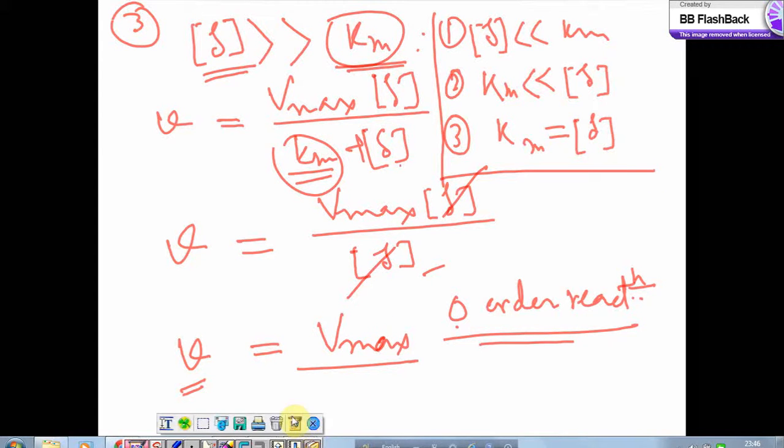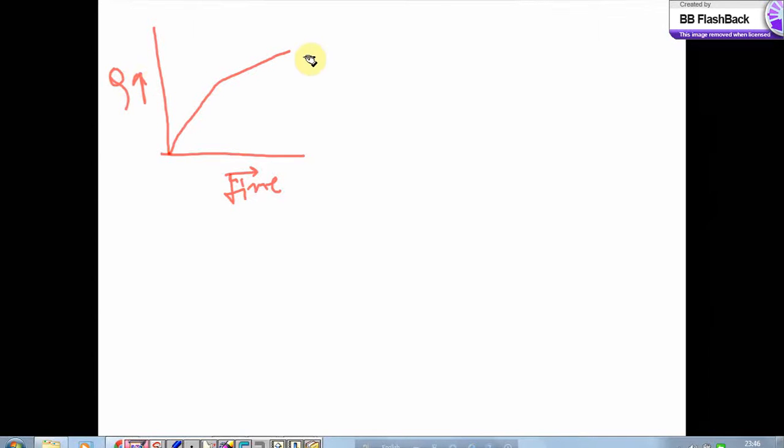Now what we want to discuss is the steady state level of the enzyme substrate complex. If we draw a graph like this, this is the time on the x-axis, and this is the quantity. This is the product concentration that I am drawing, this is the P. Now let me change the color.